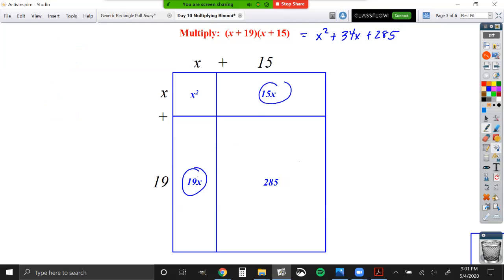And I have a much easier drawing that I can draw quickly, because I'm going to need to do that to make sure that I get all of the multiplications. When I take a binomial times a binomial, I'm going to get 4 multiplications.